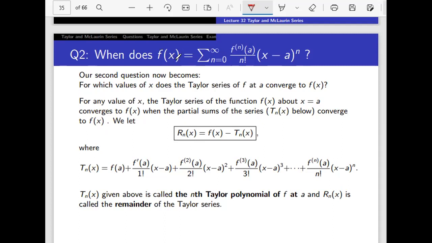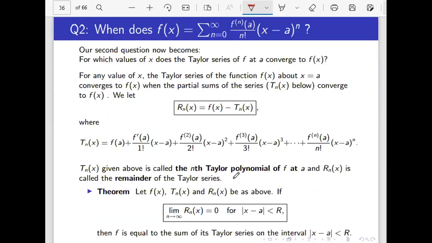You take the difference between this one and the infinite power series. So if you take the limit, you want to see what will happen to this function as n goes to infinity. You can show that this function goes to 0.